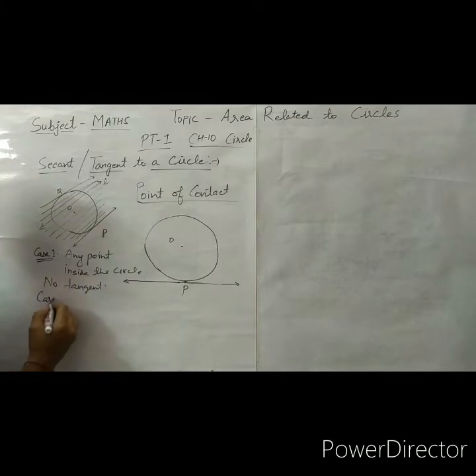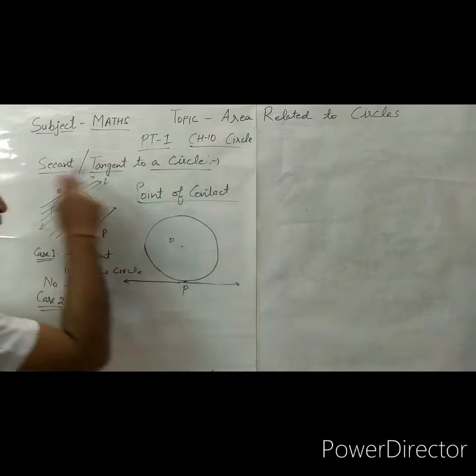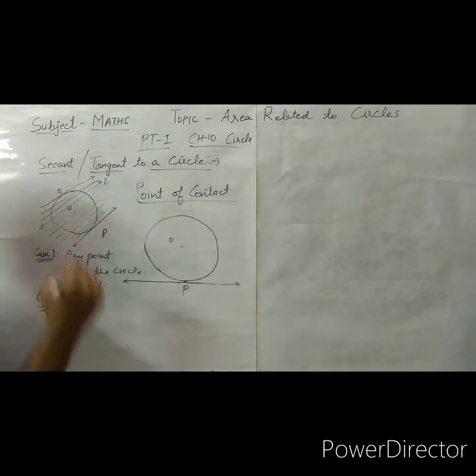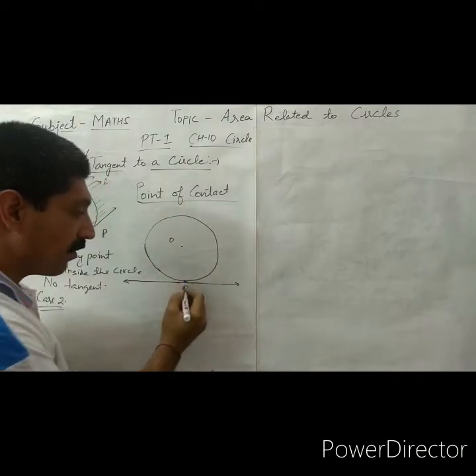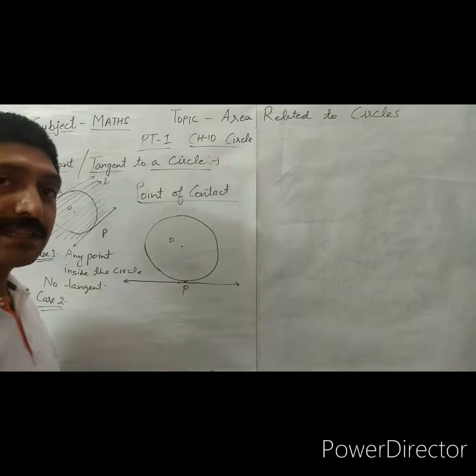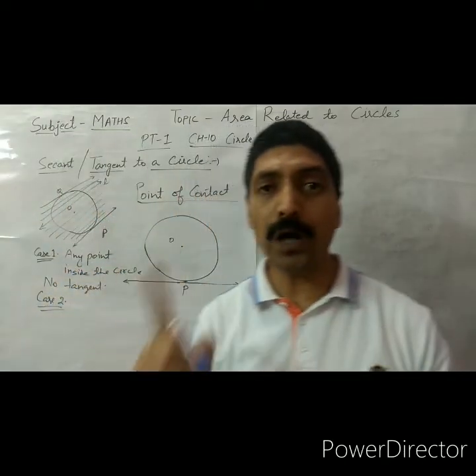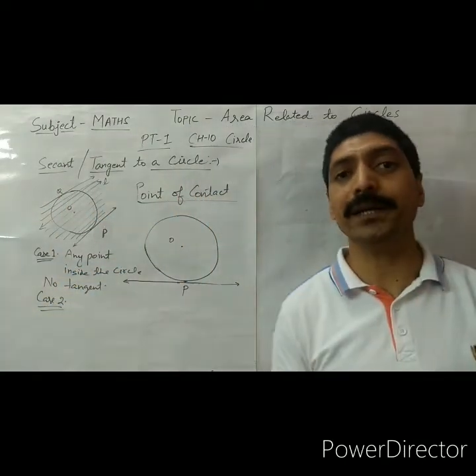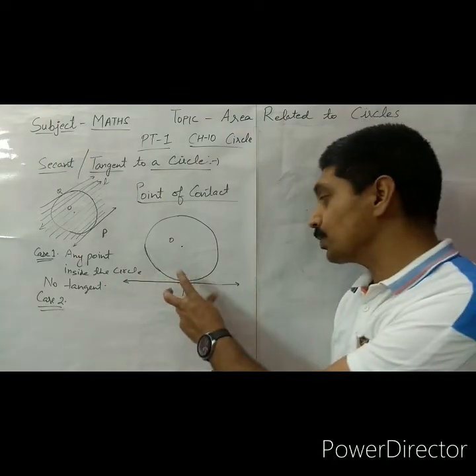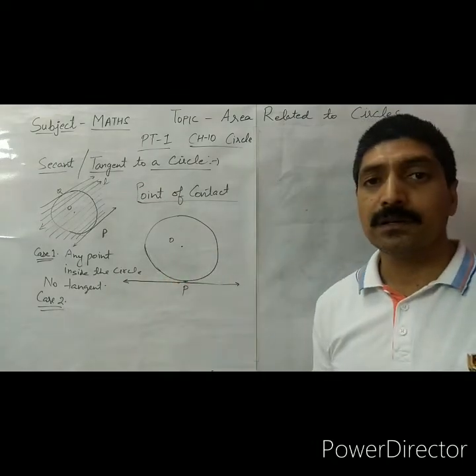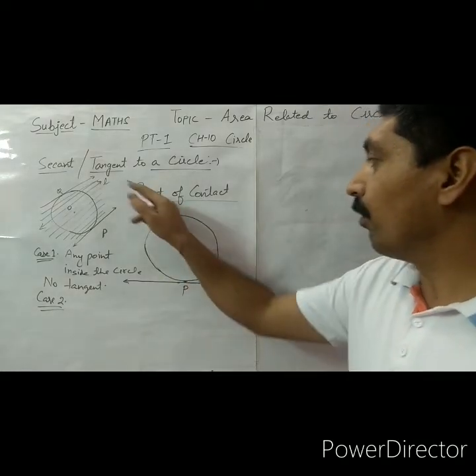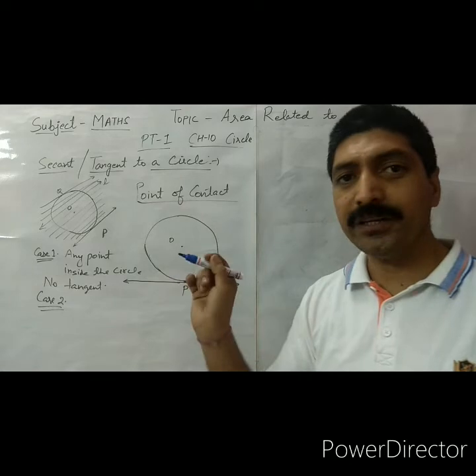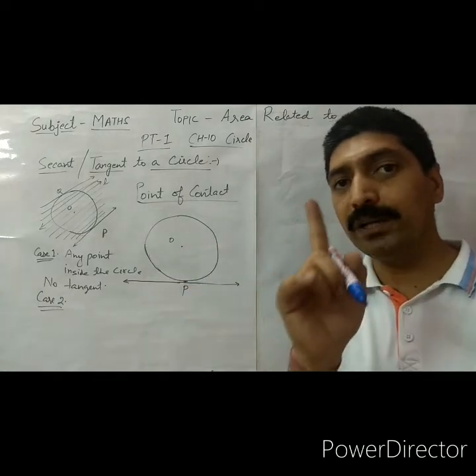Case 2: on the boundary, if any point is on the boundary or on the circumference, there will be one and only one tangent which can pass through that point. If any point is here, and we draw a line which is just touching that point, we can have only one line.